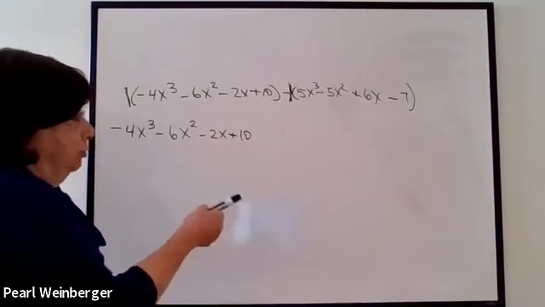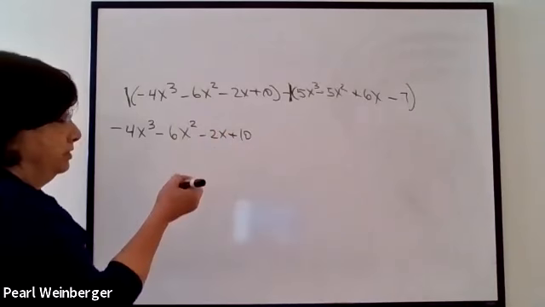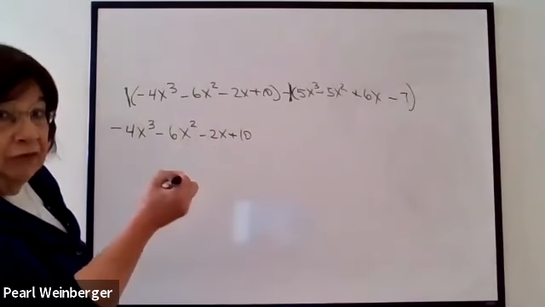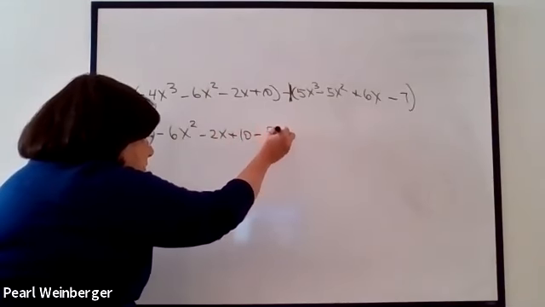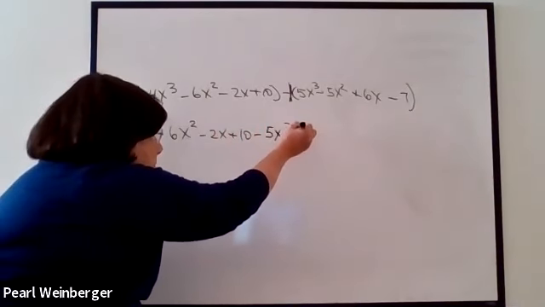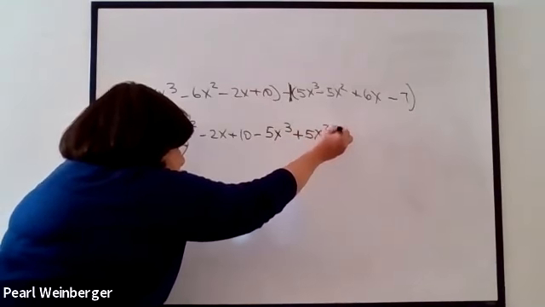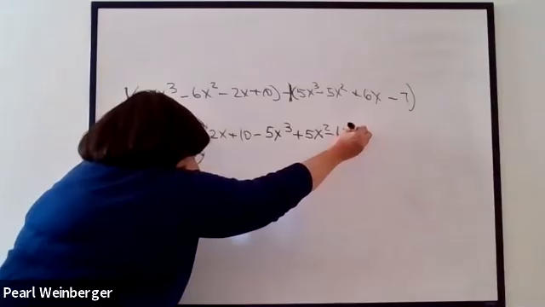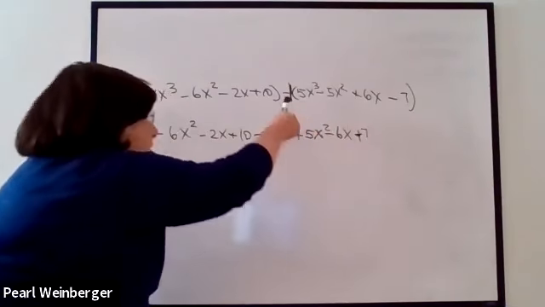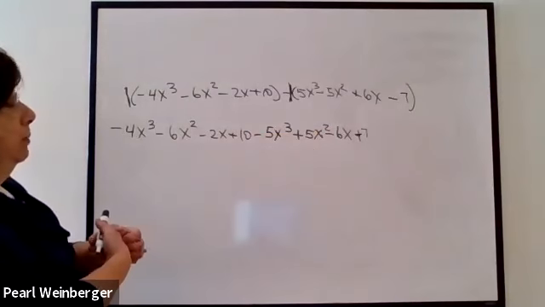The second parentheses, we're multiplying everything by negative 1, which essentially changes every sign. So it becomes negative 5x to the third plus 5x squared minus 6x plus 7. So anything that was positive became negative, anything that was negative became positive.